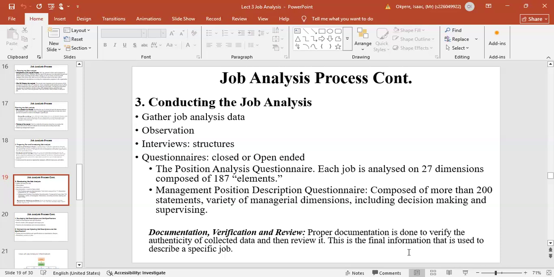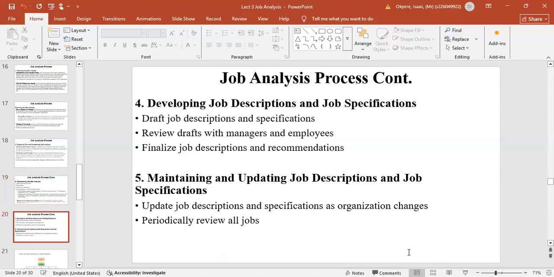Now, after you have gathered the data, we go to step 4. You develop job descriptions and job specifications. After the data, you will be able to determine what is done in the organization.